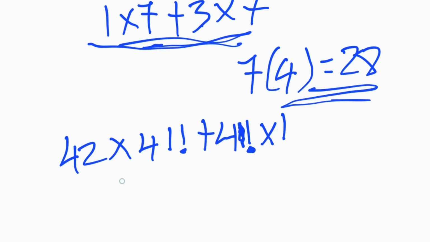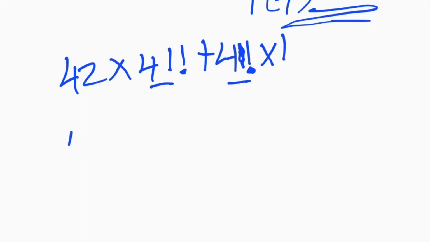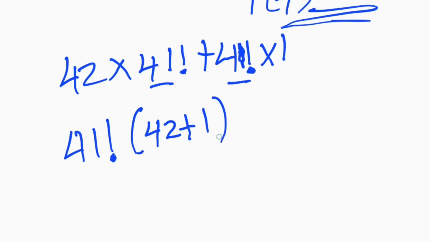So we have 41 factorial on both sides. So here the 41 factorial is just a common number. So we can rewrite this equation as 41 factorial multiplied by 42 plus 1, right?